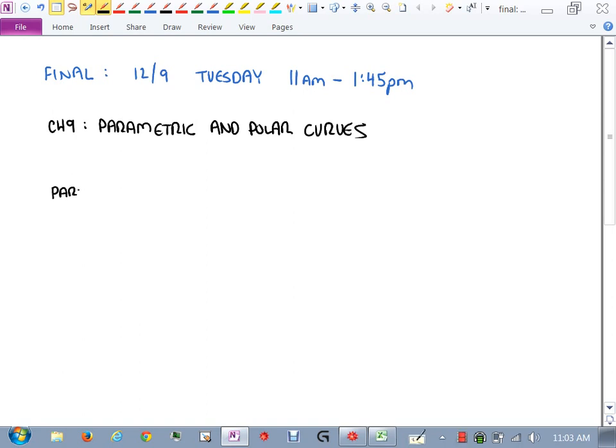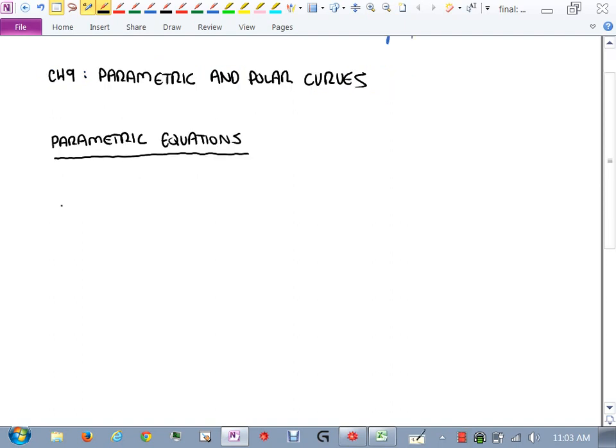Parametric equations, all right, let's start here. So when we have a relationship between 2 variables, something like y equals x squared, right?